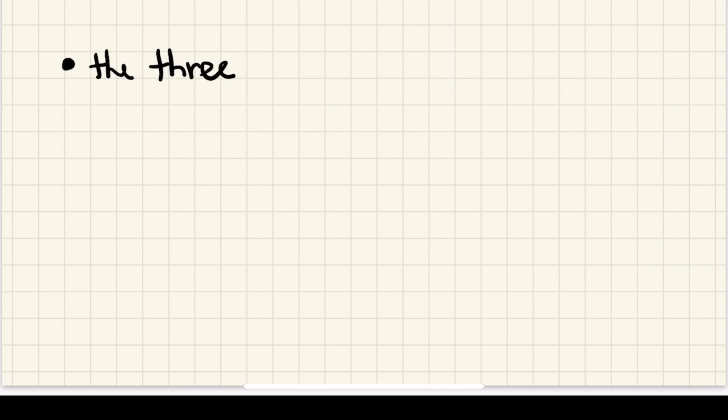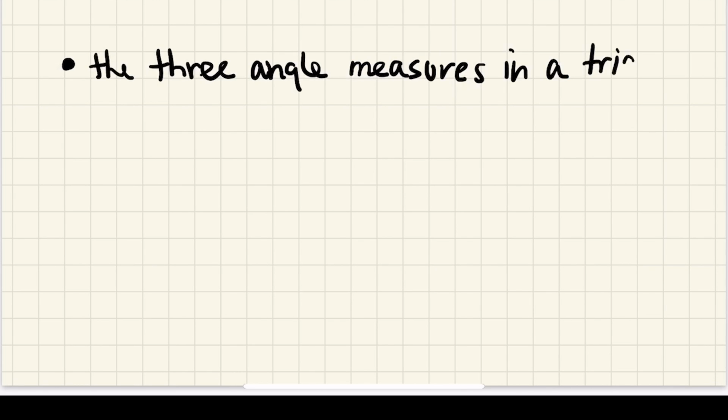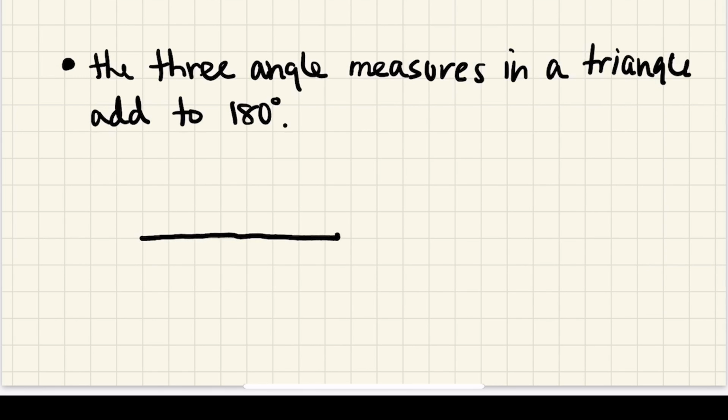The three angle measures in a triangle always add to 180 degrees. What this does tell us is that if you have a right triangle, and we will work with right triangles quite a bit in this course, then your right triangle will have two acute angles.